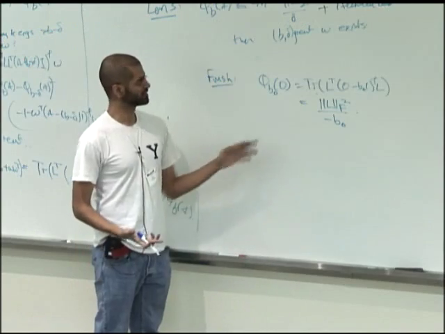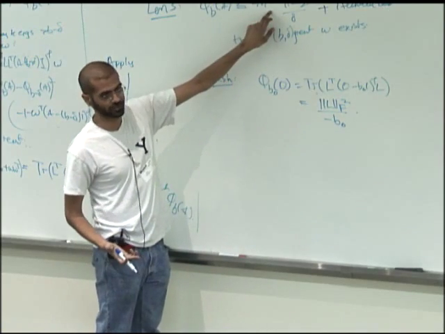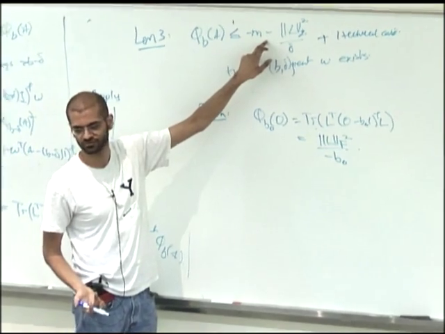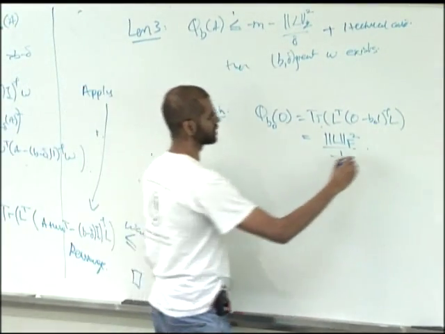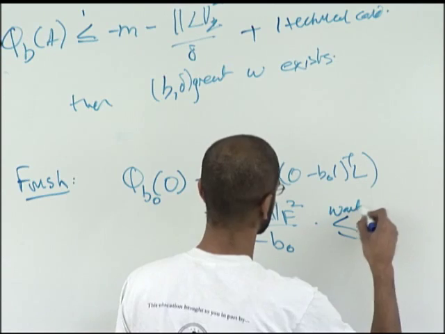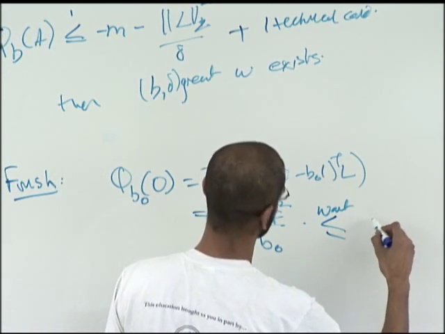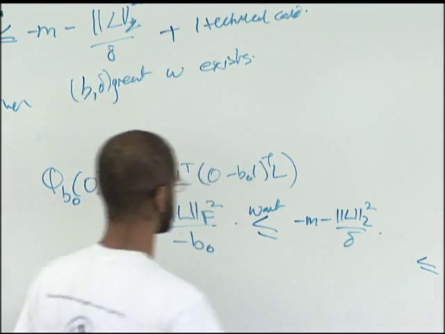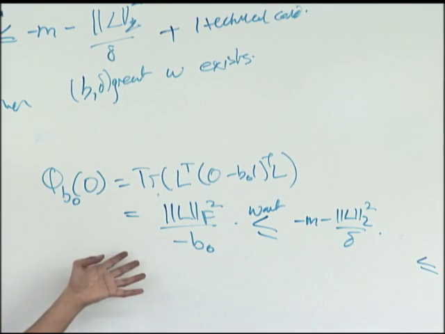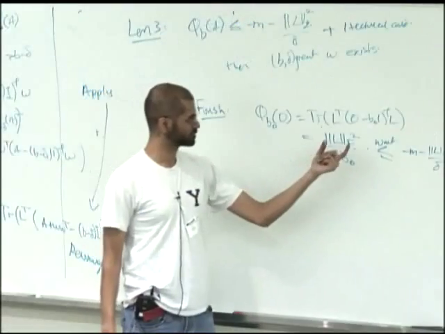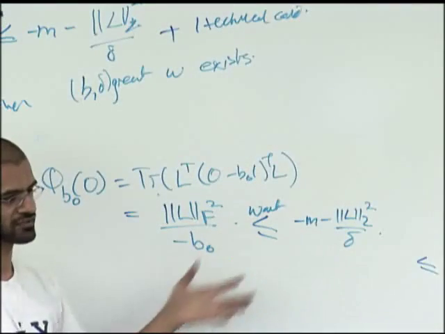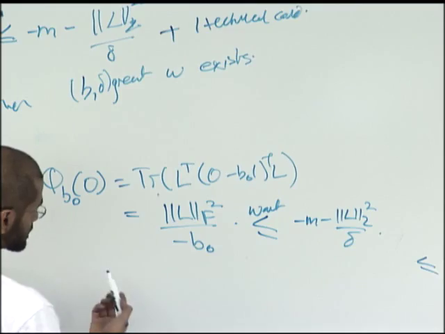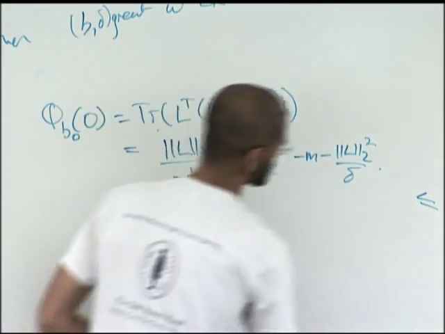Now all I need is this initial potential to be less than this number, and I'm done, because it stays small. So I want this number to be less than minus m minus this number. And now you can see that there's some interaction between this Frobenius norm and this 2 norm, and this has something to do with the stable rank. In any case, the optimal setting is the following.